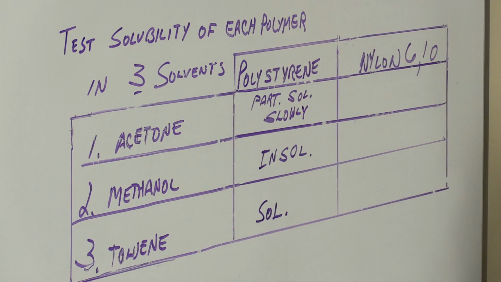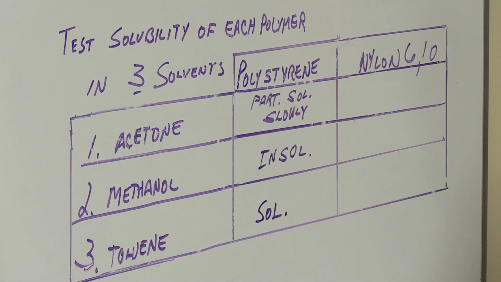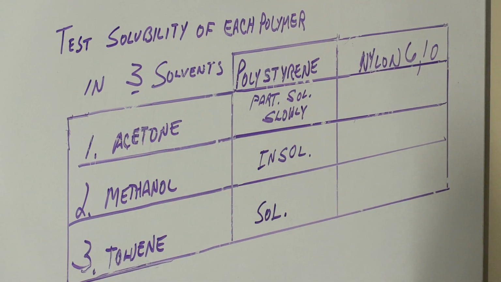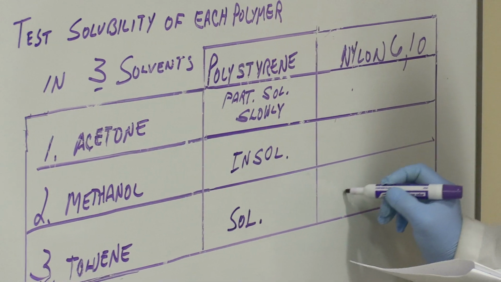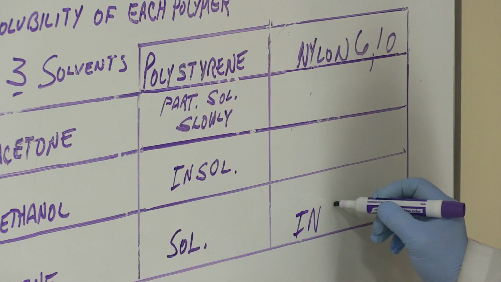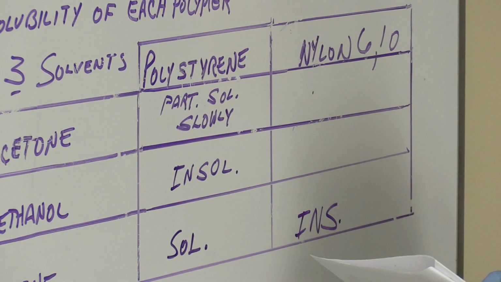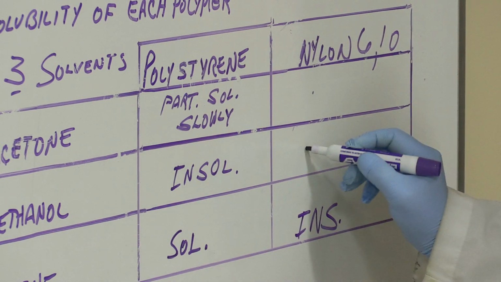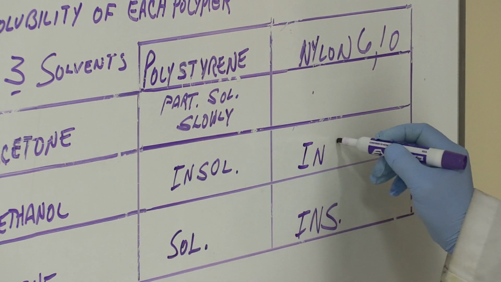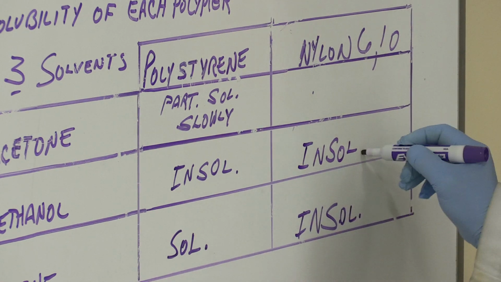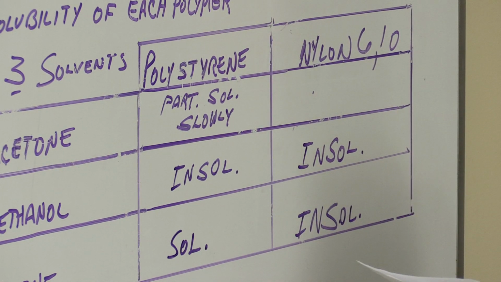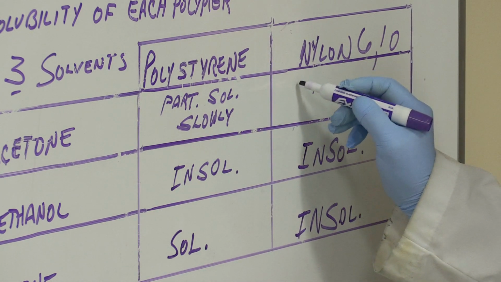Our nylon 610 solubilities are as follows. In toluene, it's insoluble. In methanol, insoluble. And in acetone, slow dissolving, slightly soluble.